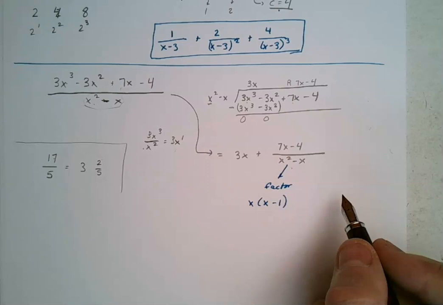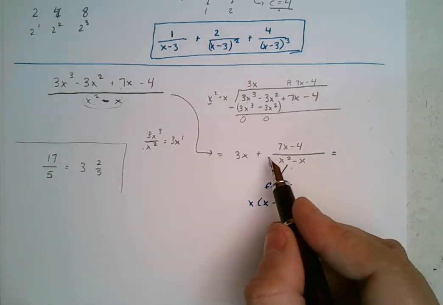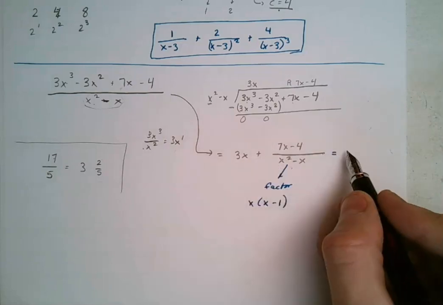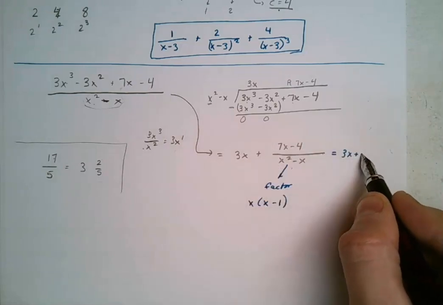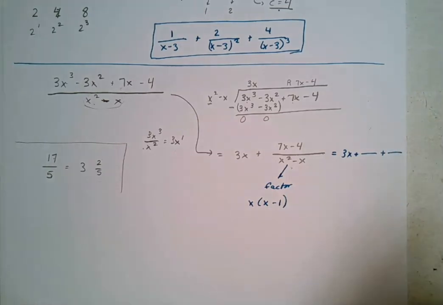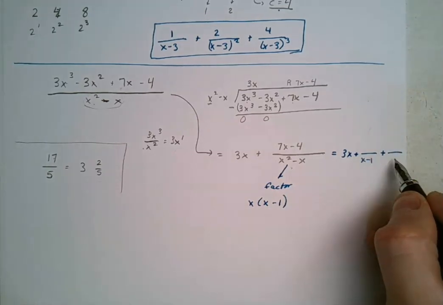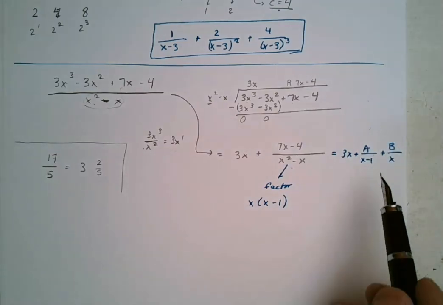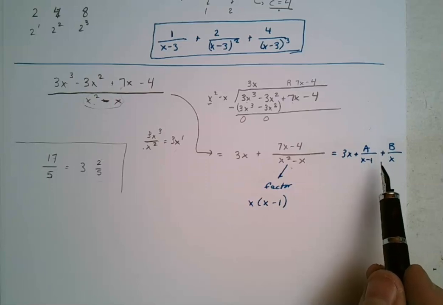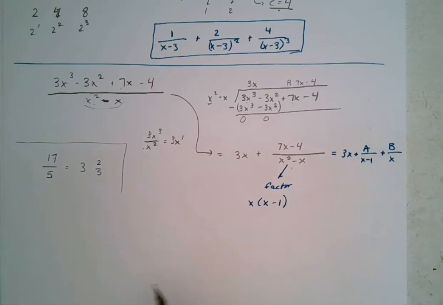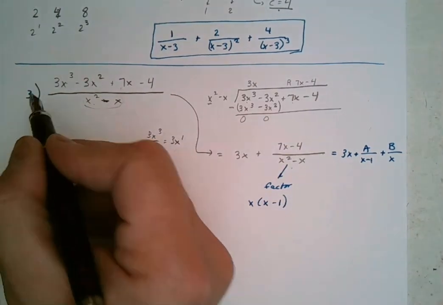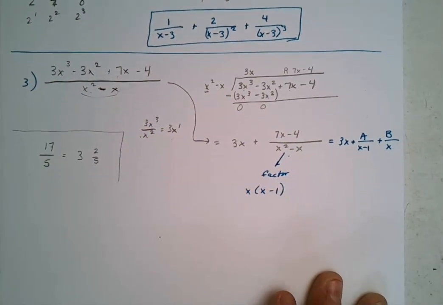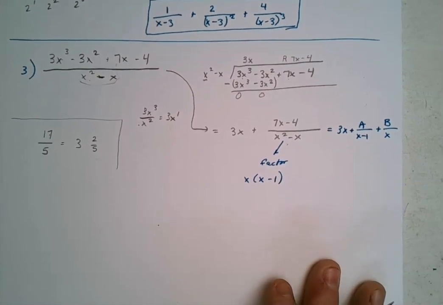So now that we've got x and x minus 1, we say that this, now don't forget this 3x, is equal to 3x plus, okay, and one will be x minus 1, and one will be x, and this will be A, and this will be B, and this part here now becomes just like our first example, which is you have two unique linear factors, okay, two unique linear factors.